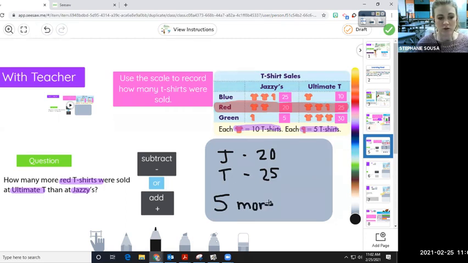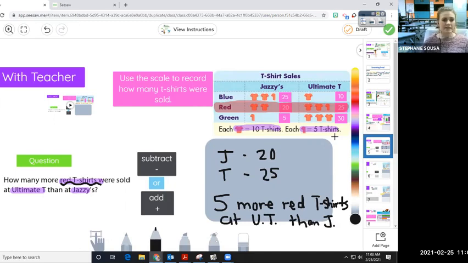And guess what I can't do? I can't just say t-shirts, because all of these are t-shirts. Our question is about red t-shirts. So 5 more red t-shirts at Ultimate Tee, I'm going to put a U-T, than Jazzy's.